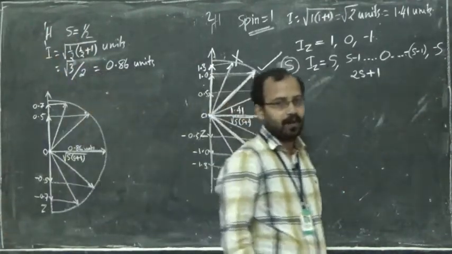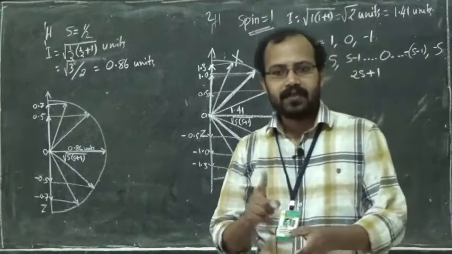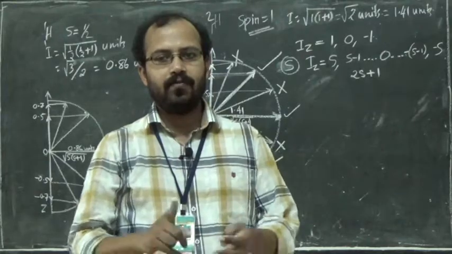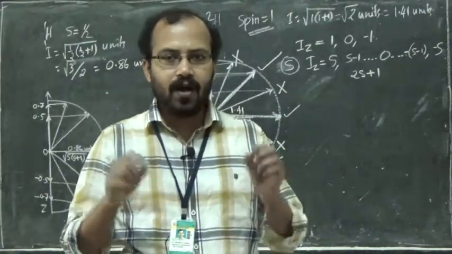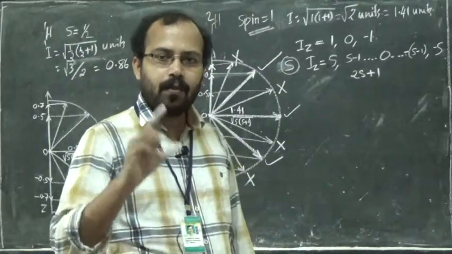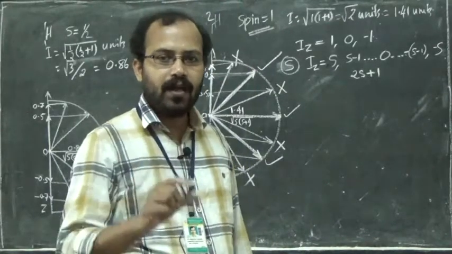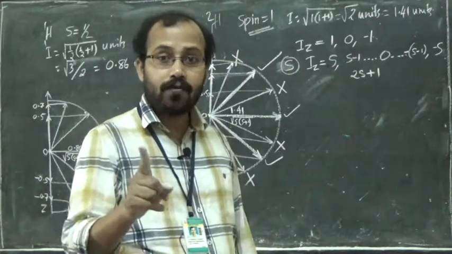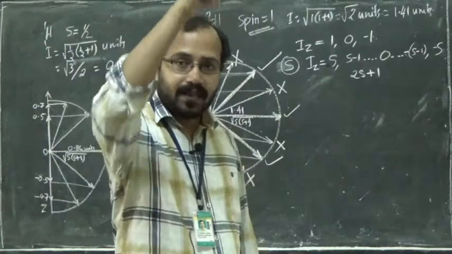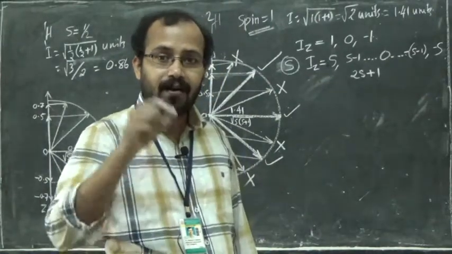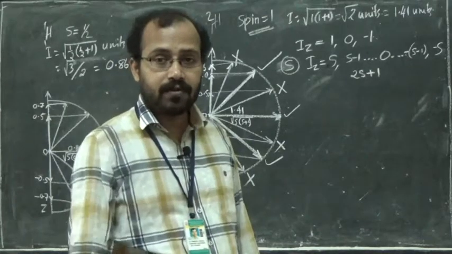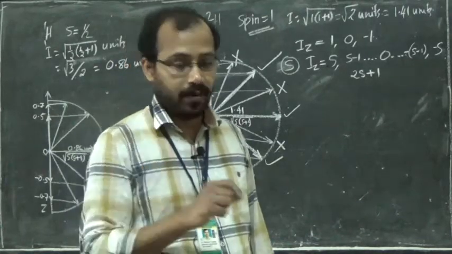If you are seeing half integral values for the spin, like 1 by 2, 3 by 2, 5 by 2, etc., for such nuclei the angular momentum can orient only in those directions for which the component in the reference direction is in half integral units.